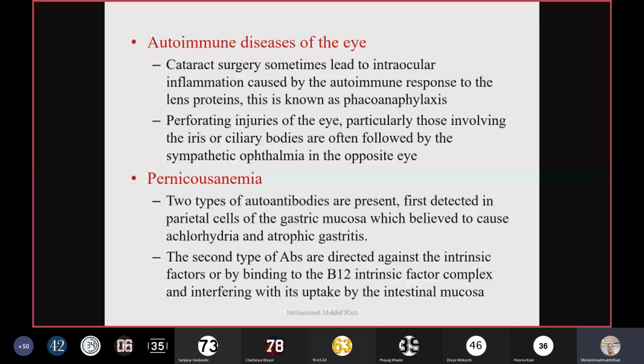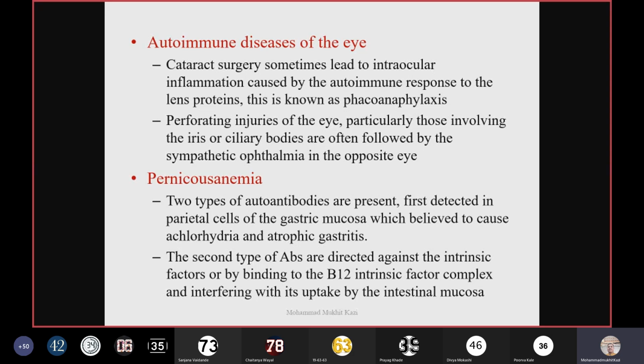They are never exposed to the systemic level, that is, the blood system, and that is why they are taken as non-self, and that results in the phacoanaphylaxis reaction. Perforating injuries of the eye, particularly those involving the iris or ciliary body, are often followed by sympathetic ophthalmia in the opposite eye. So that also leads to involvement of the second eye because of the autoimmune response to the lens proteins.